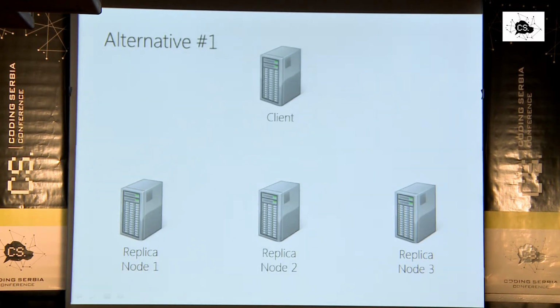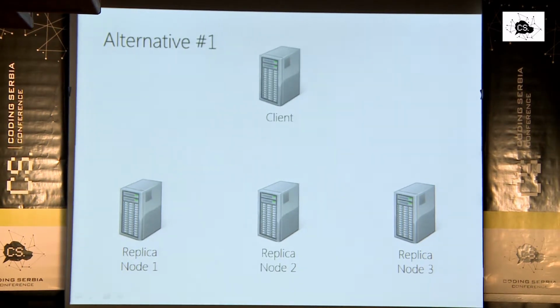So 3 replicas. And for read speed-up, you say read from any node. And in the beginning, you also say write to any node. So you don't care where you write to or where you read from. You want to scale, actually.